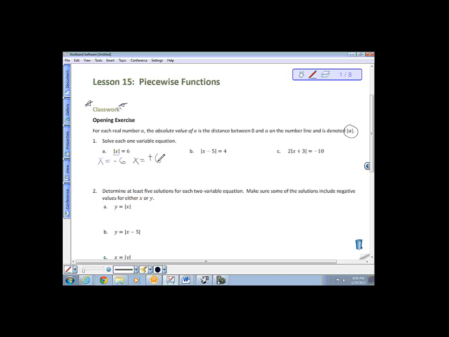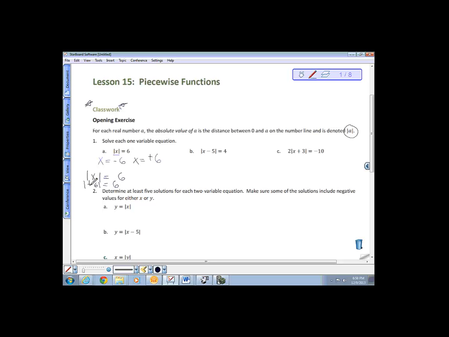If you plug those values in, when I plug in -6 it gives me 6, and obviously so does +6. So x equals -6 and x equals +6 are the two solutions for letter A.